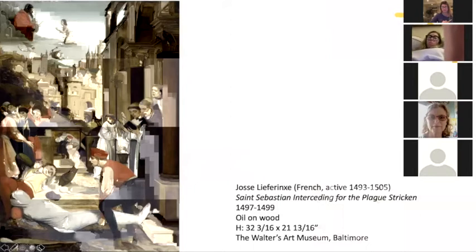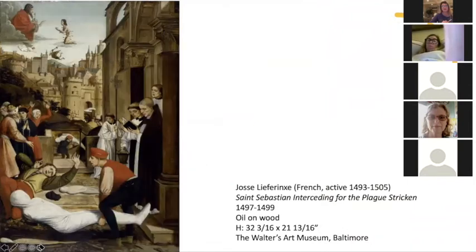This is a small image that is part of a larger altarpiece that has been distributed throughout the world. In fact, this is the Walters Art Museum just up the road, but parts of it are at the Hermitage, the Pennsylvania Museum of Fine Arts, and what have you. But we're fortunate to have this example.